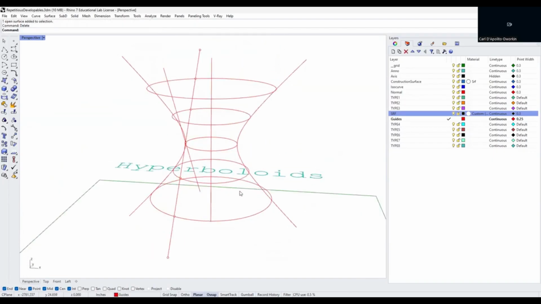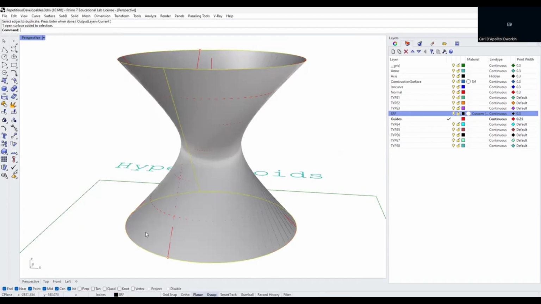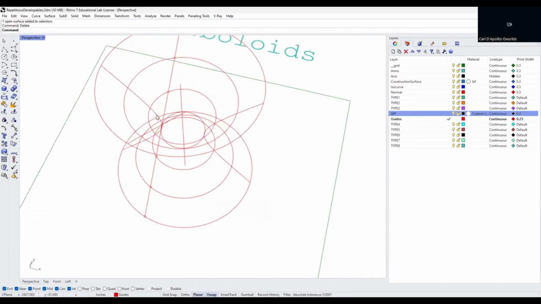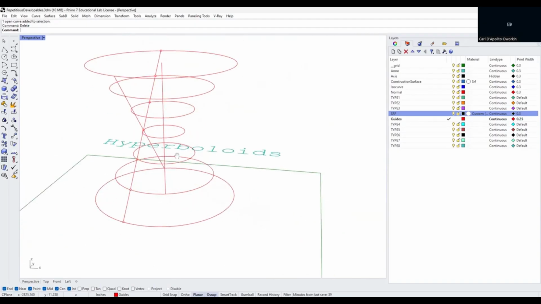Okay, I've got those circles, bottom and the top. Excellent. Okay. So now I've got all these circles and my two crossing isocurves.